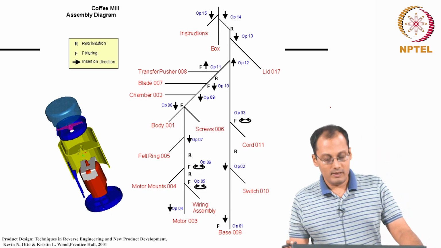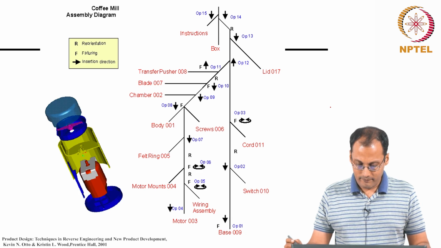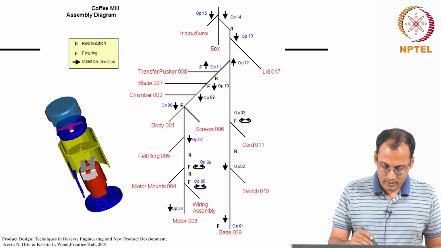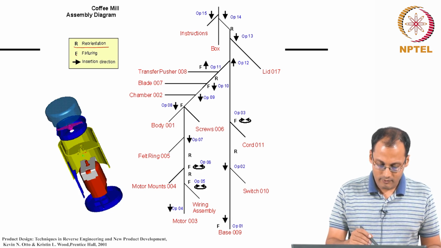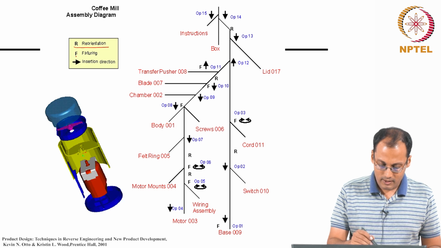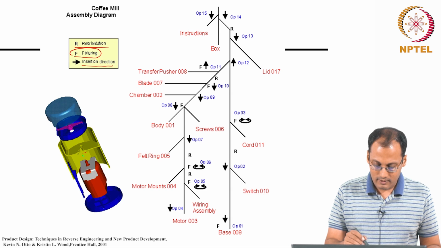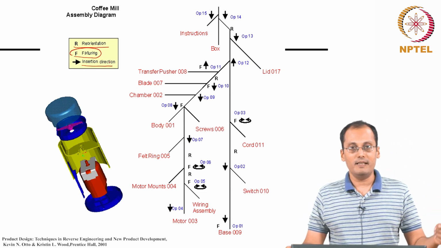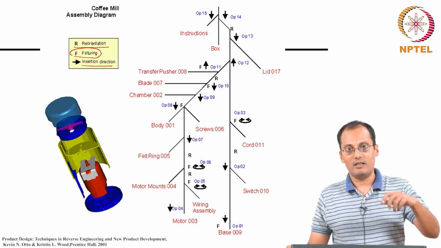The complete assembly tree for the coffee mill is shown here. As I have informed earlier, the tree primarily consists of information pertaining to reorientation, if there is any fixturing need, and the insertion direction. Insertion directions could be linear motions or sometimes it might be rotary movement.